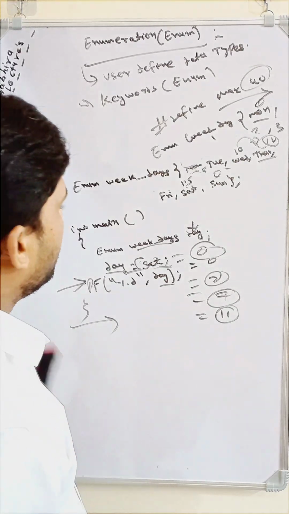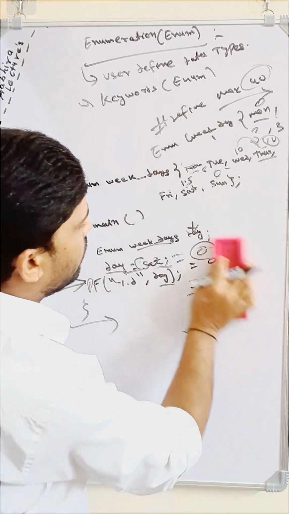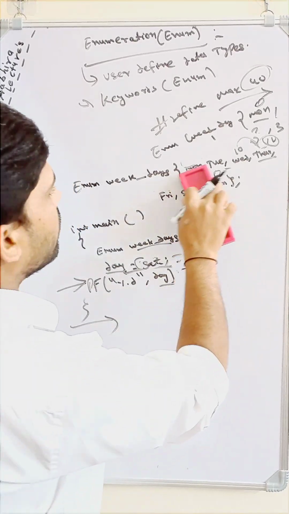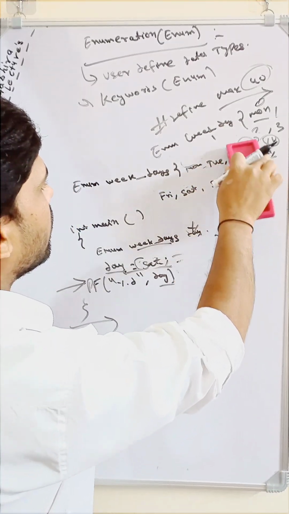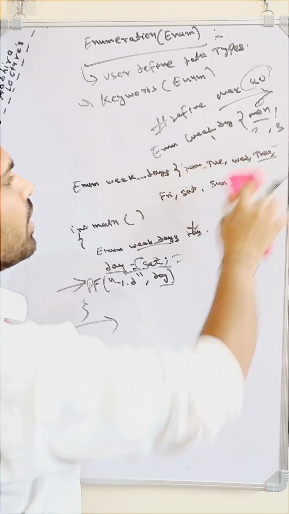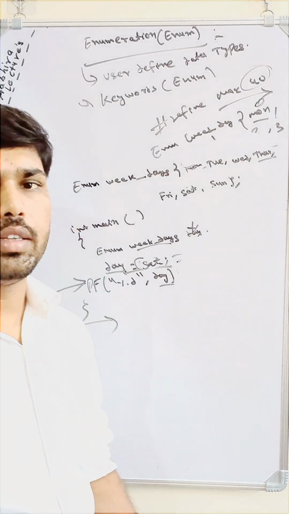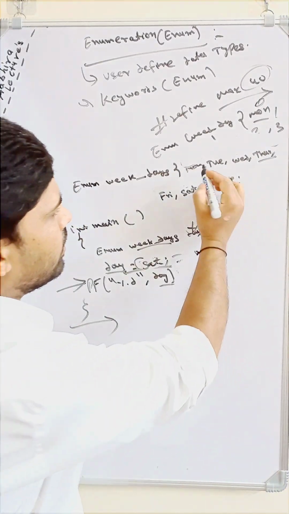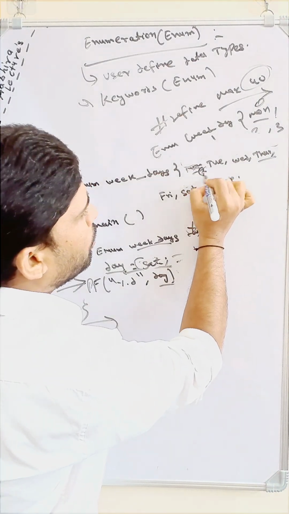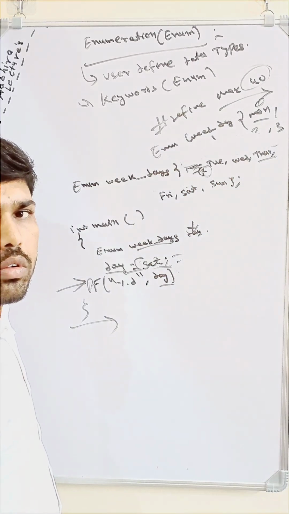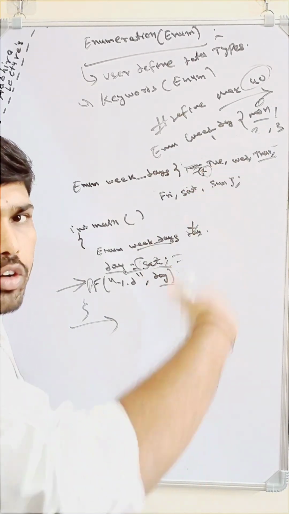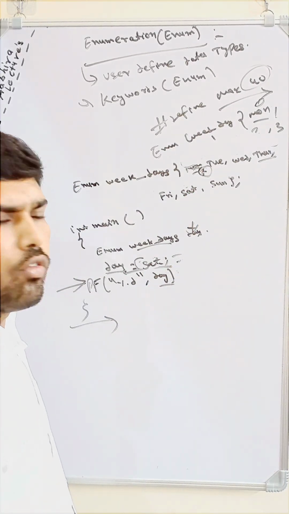Similarly, the main concept: if you assign some value, you can assign anything, no issue. But when you do not assign a value and want to print, it will take by default from 0.